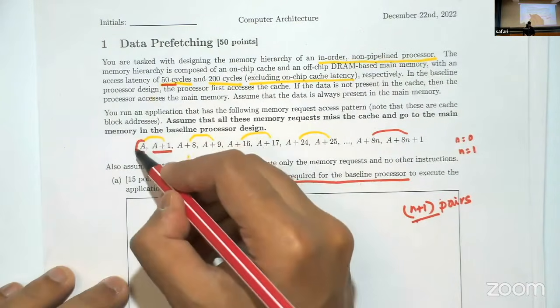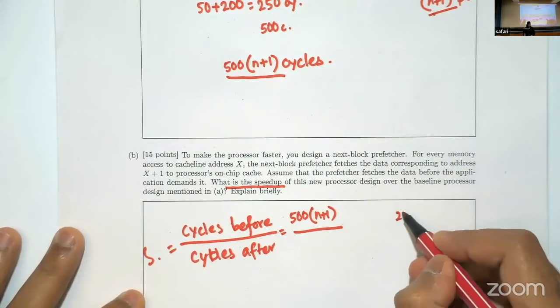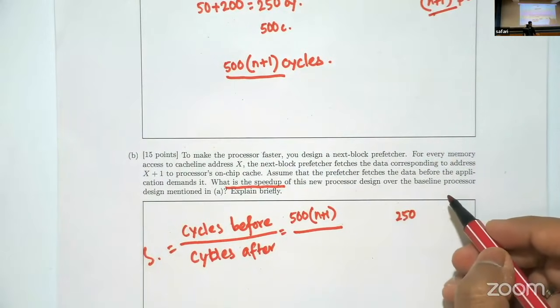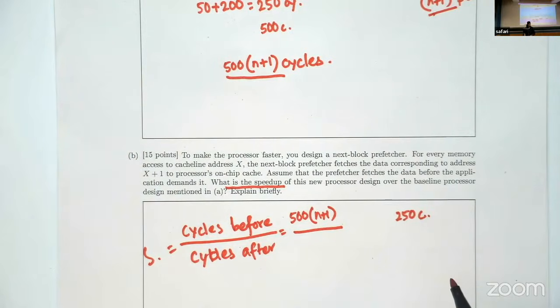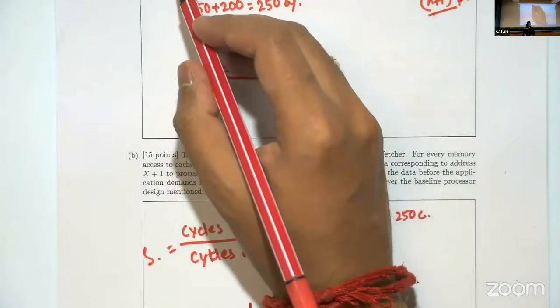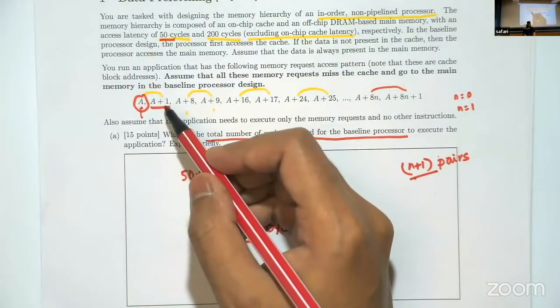So in the system with the prefetcher, A would again take 250 cycles, because 50 cycles for accessing the cache, 200 cycles for accessing the main memory. But when you would access A plus 1, it would already be prefetched into the cache.